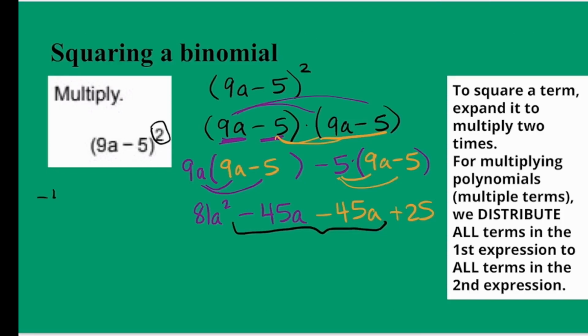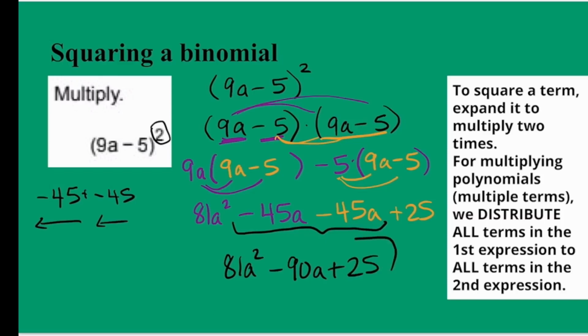So negative 45 means you're moving left. Minus 45, that's also moving left. You do not cancel these out. These get added together because they're the same signs. So that will give you negative 90a. We bring down the 81a squared. We bring down the positive 25. None of these are like terms. All of this stays like that. That is your final answer.